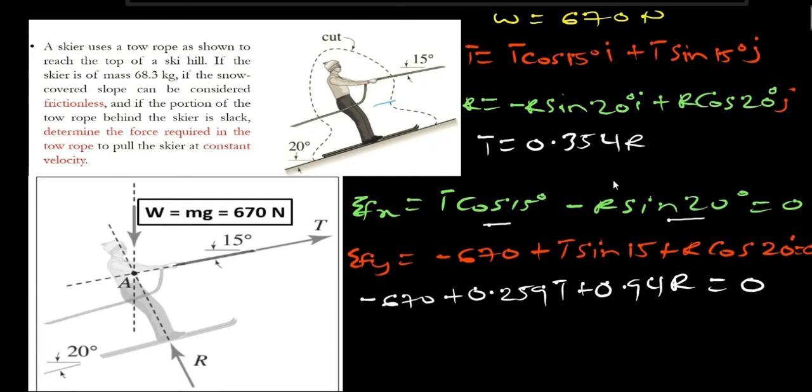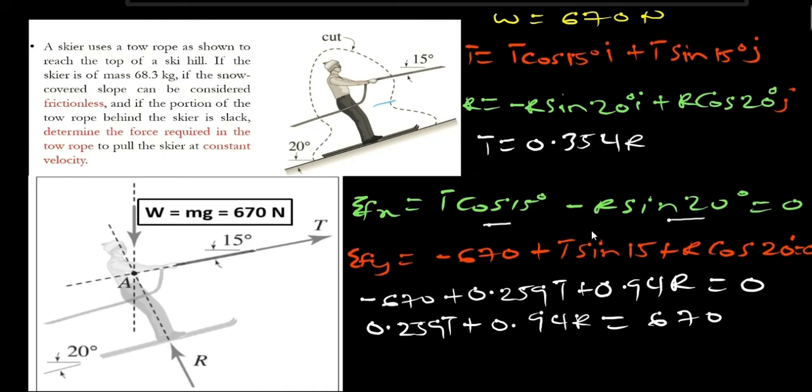I know the value of T, so I'm going to substitute this in. First of all, let me take this negative 670 to the right hand side. So that will be 0.259 T plus 0.94 R should be equal to 670.